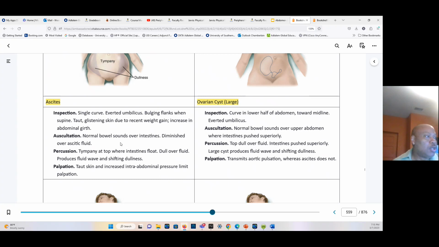When you auscultate, there are normal breath sounds over the intestines, but diminished over ascitic fluid. As far as percussion, tympany at the top where the intestines float, and dull, of course, over fluid. It produces a fluid wave and shifting dullness, and that's the test that you will perform. As far as palpation, the skin is taut, and increased intra-abdominal pressure limits palpation.